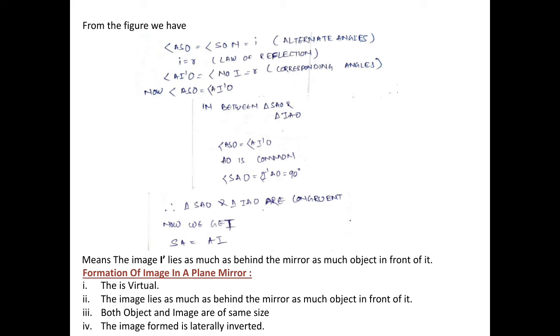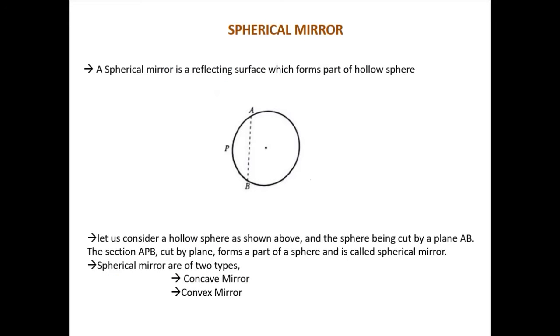Then we will learn about spherical mirrors. So let's begin. A spherical mirror is a reflecting surface which forms a part of a hollow sphere. That means a spherical mirror is a part of a hollow sphere.